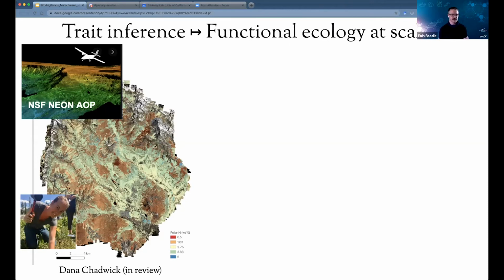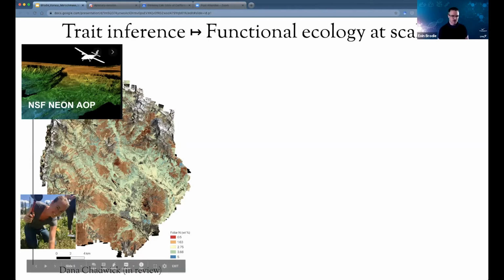An example over on the left-hand side here, this is the NSF NEON Airborne Observatory platform. And this image here is a hyperspectral imaging of multiple watersheds actually in Colorado. Dana Chadwick organized the ground campaign associated with this. And this image shows you that you have hotspots of plant nitrogen availability or acquisition across this watershed scale.